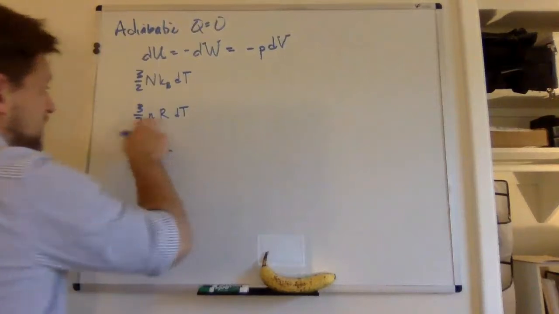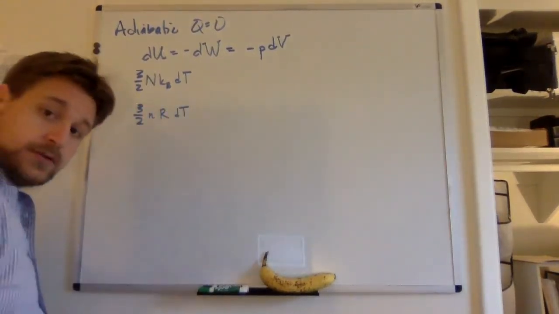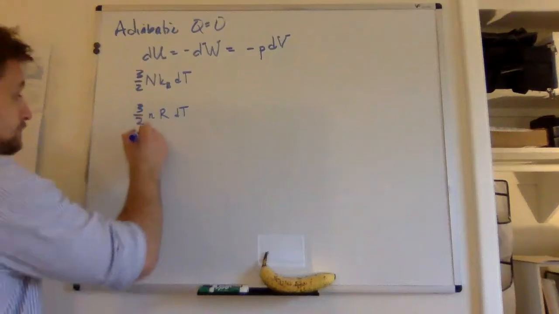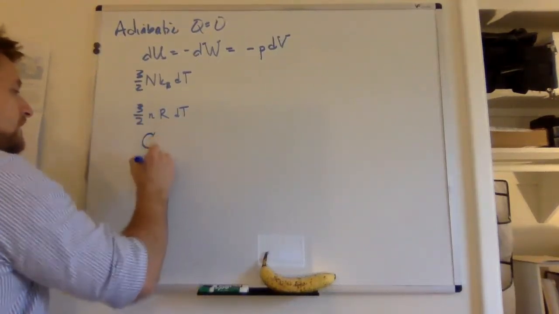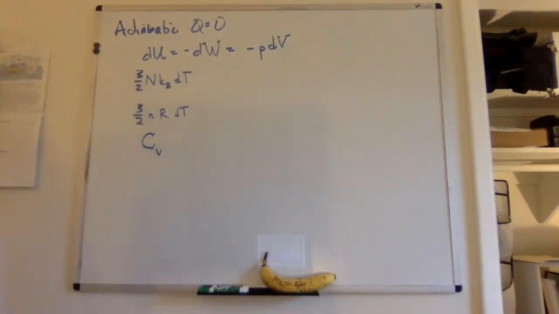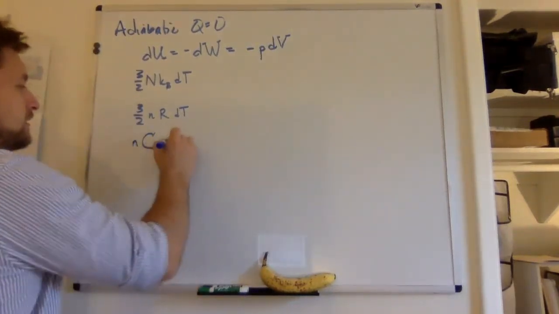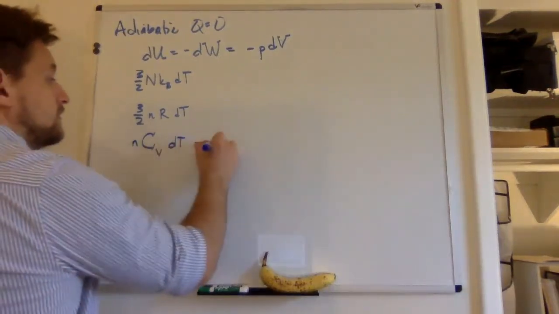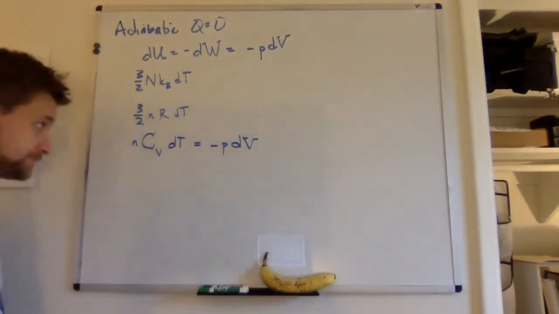But 3/2 R, that's the molar heat capacity at constant volume for a monatomic ideal gas. And molar heat capacity dT equals negative P dV.